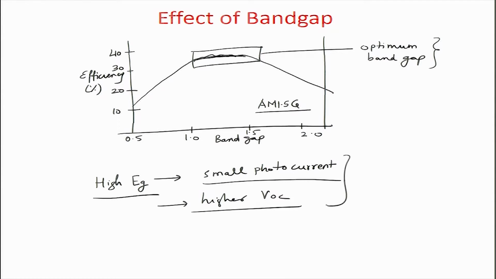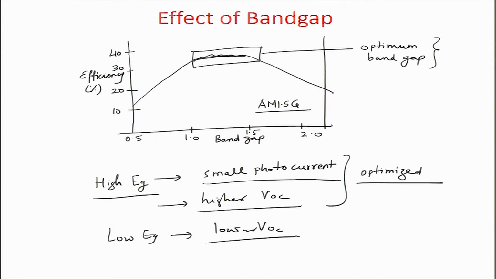So, these two things have to be optimized to get the maximum power output from the solar cell. On the other hand, low EG gives rise to lower VOC. So, lower working voltages are obtained for lower EG, and higher EG will give you higher voltages.